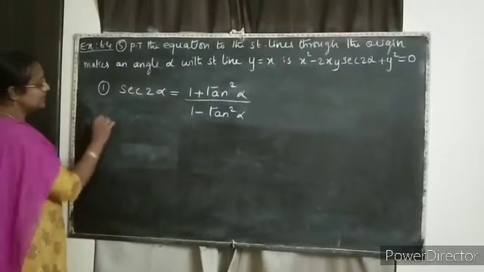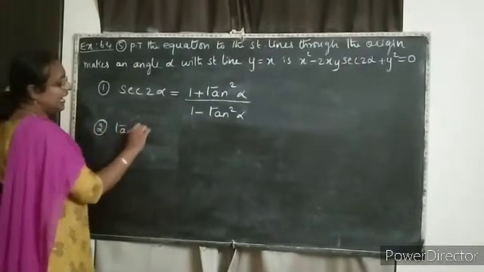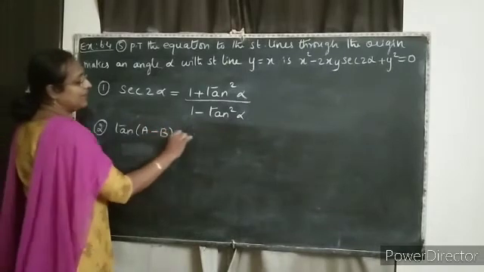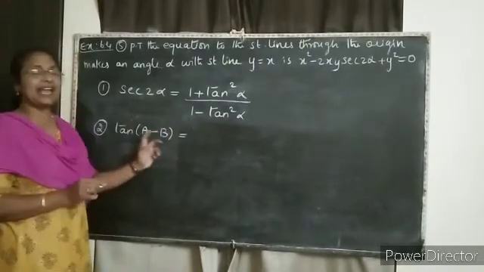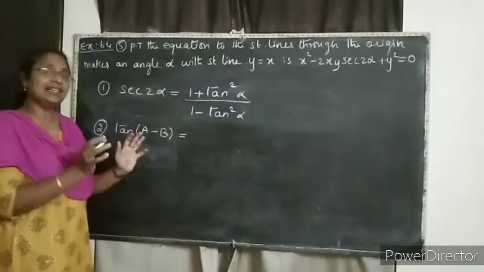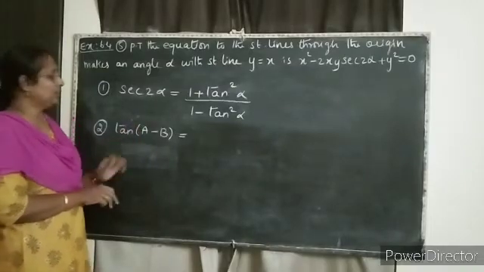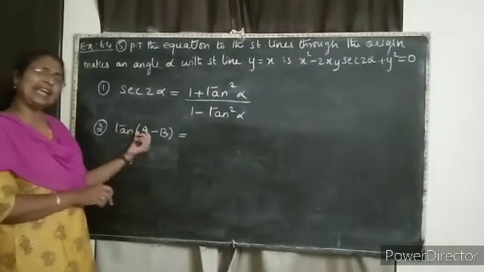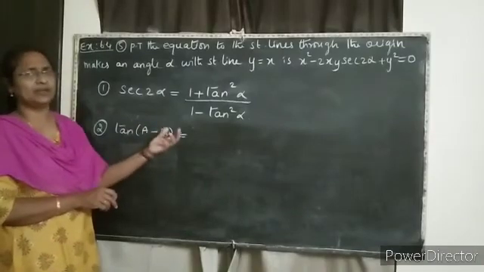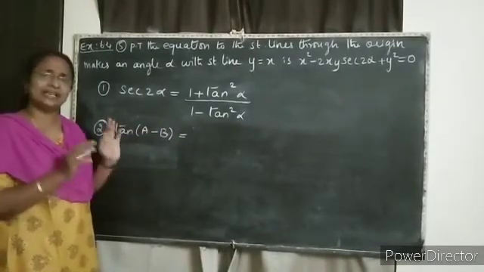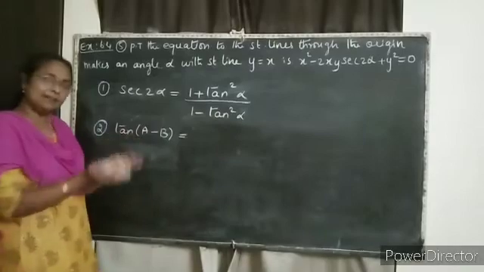The second one is tan of A minus B. Here A and B represent the angles of theta given. Tan of A can take any value, 30 degrees, 60 degrees, 40 degrees or alpha, beta, whatever it may be, this formula is applicable.